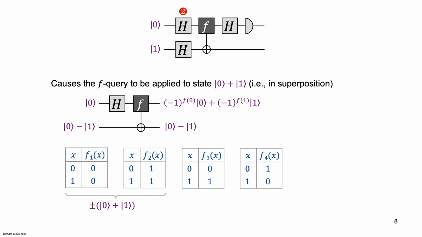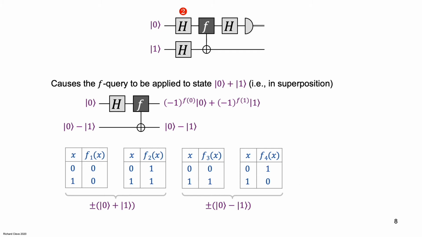So, in that case, we have the |−⟩ state, or -1 times the |−⟩ state. Therefore, in the case where f(0) equals f(1), we have the |+⟩ state with a possible global phase. And in the case where f(0) is not equal to f(1), we have the |−⟩ state with a possible global phase.